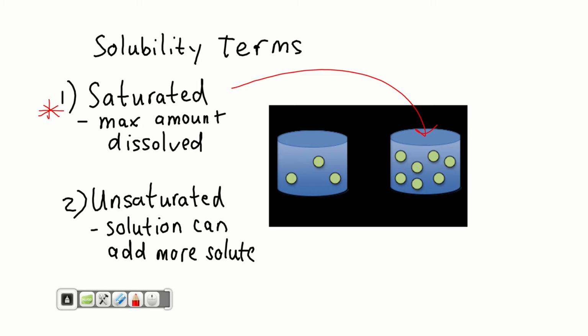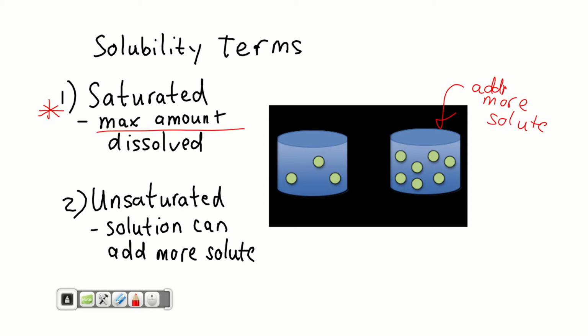Now, if it's actually saturated, the way to test it is if I add more solute, if I've already reached the maximum amount dissolved, any extra solute is just going to go down to the bottom. And I can try to stir it, but it'll just eventually settle down to the bottom.